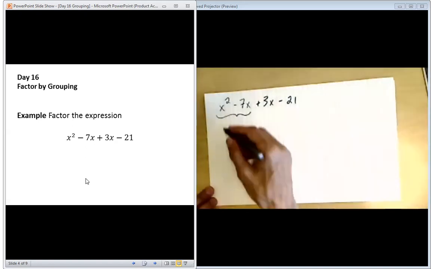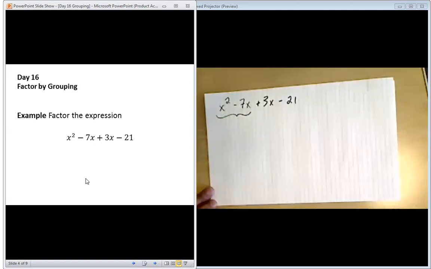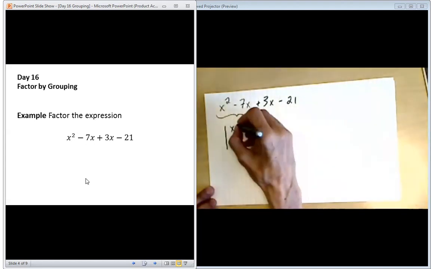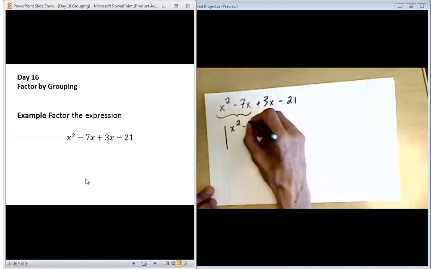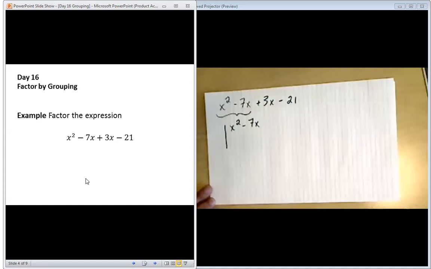Okay, so we could set it up in the usual way. And when we do, what do we get as the GCF? X squared minus 7x like that. All right. What is the GCF for these 2?